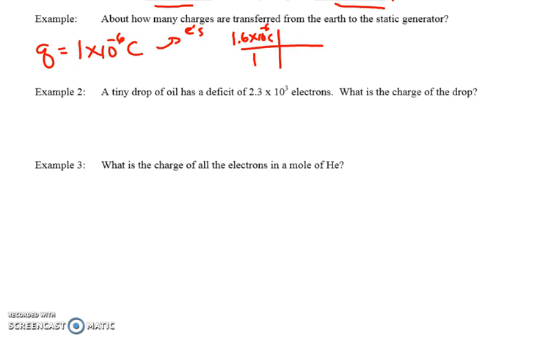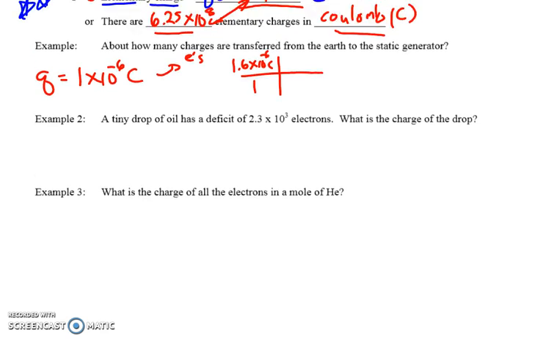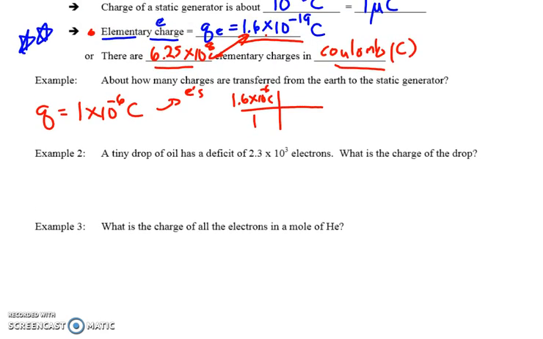Then I'm going to take my conversion factor: 1 charge per 1.6 times 10 to the negative 19 coulombs. I put this on the bottom because I want the C's to cancel out. So I take this number and divide it by that number.